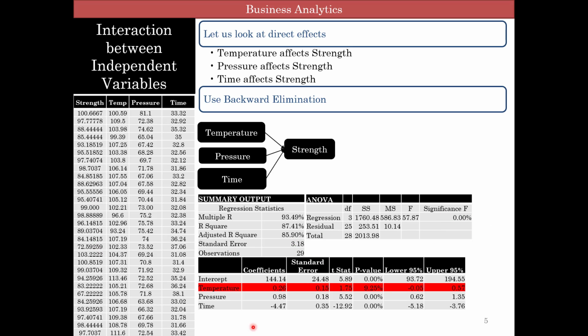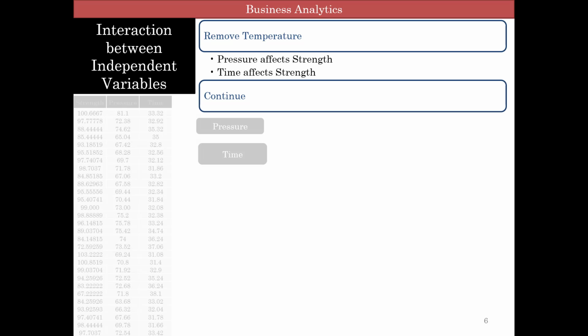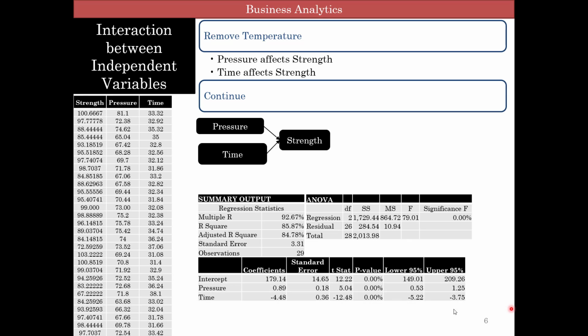Model is very significant, but as we run it here, we can see temperature has a p-value of 9.25%, which is not significant. So we run it again using backward elimination, and we continue the process with just the two, and we get the final model.